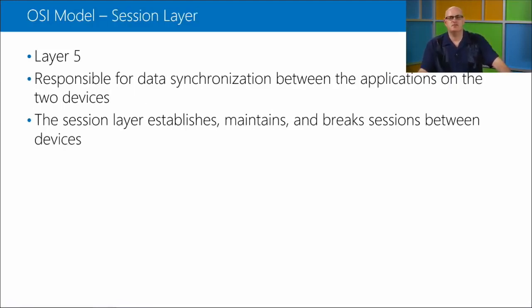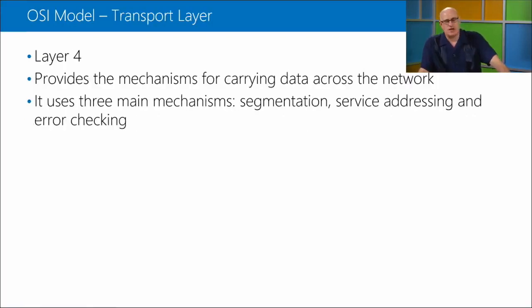The session layer. This is responsible for data synchronization between applications on the devices. The session layer establishes, manages, and breaks sessions between devices. The transport layer provides a mechanism for transferring or carrying data across the network.